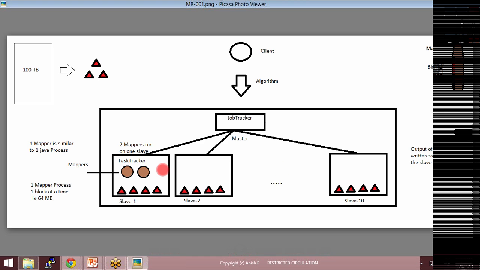Now, I am having my data already available here. When clients submit the algorithm, it will be submitted to the job tracker, which in turn submits the algorithm to task trackers. So my algorithm will be moving from client to master to the slaves. So on each and every node, my algorithm is running.